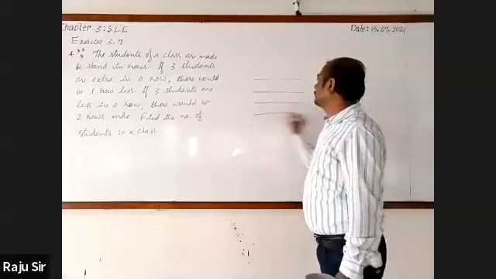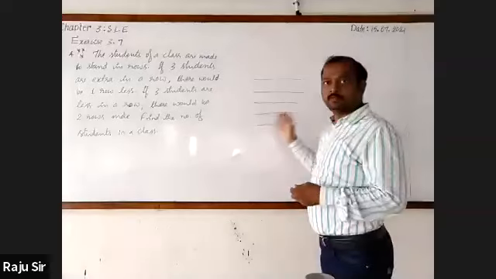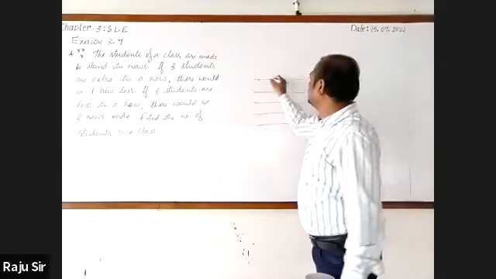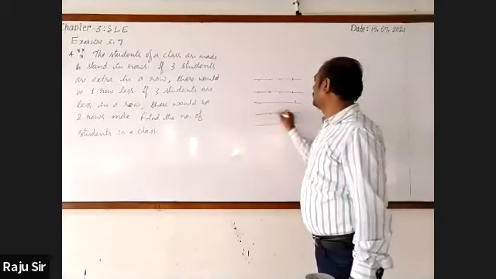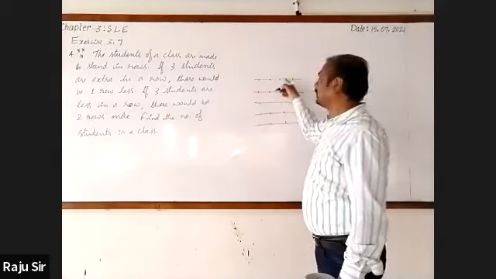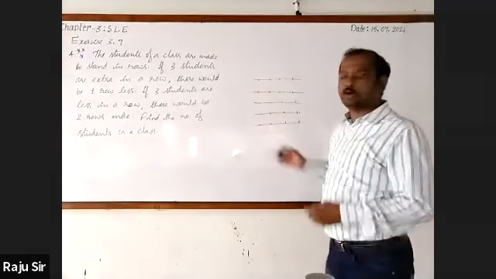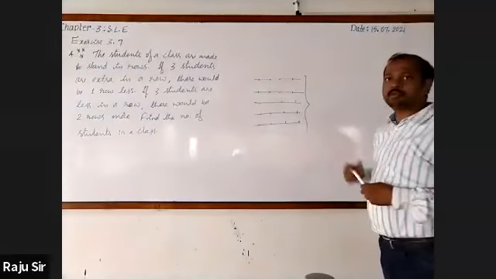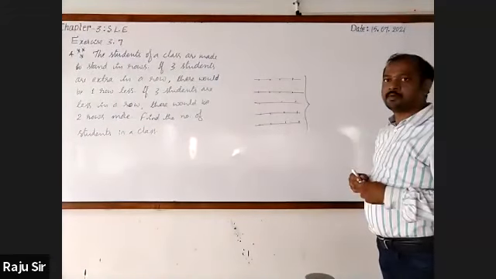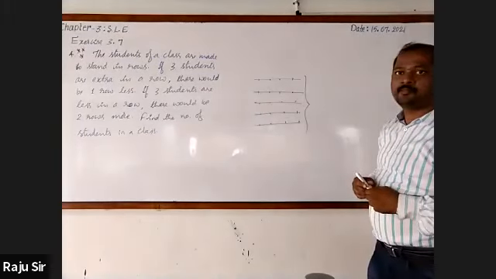I'm going to take some number of rows: 1, 2, 3, 4, 5. Under 5 desks, in one desk, you just observe the number of students. 4 are there. In each desk, 4 students are there. Now, could you tell the total how many students are there? 20, sir. How did you come to know? 5 into 4, rows into number of students per bench.